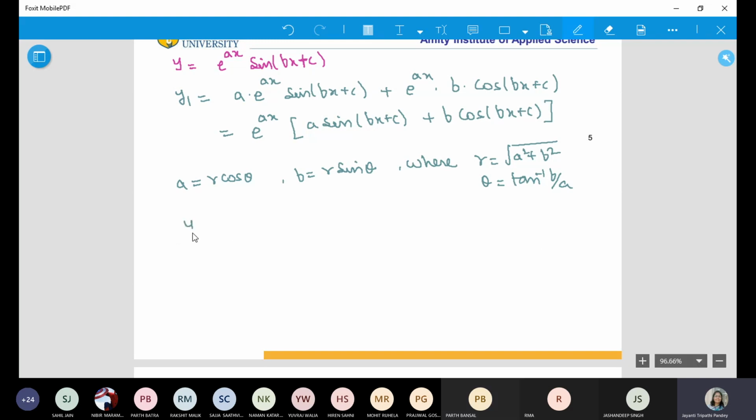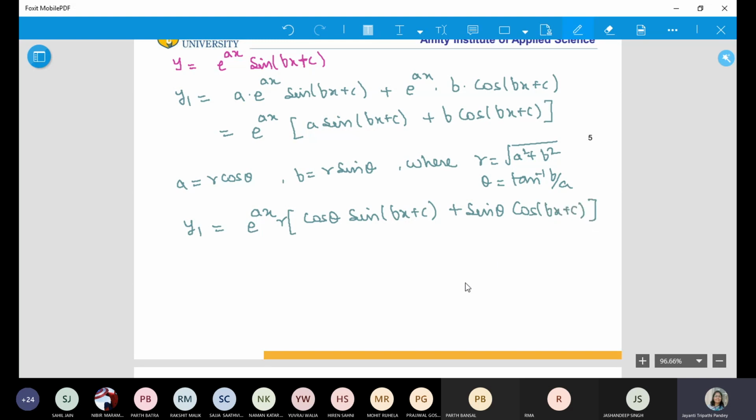So your y1 will be, you see, e to the power ax, this is cos a sin b plus sin a cos b. See, I'm taking out r. So cos theta sin(bx plus c) plus sin theta cos(bx plus c).